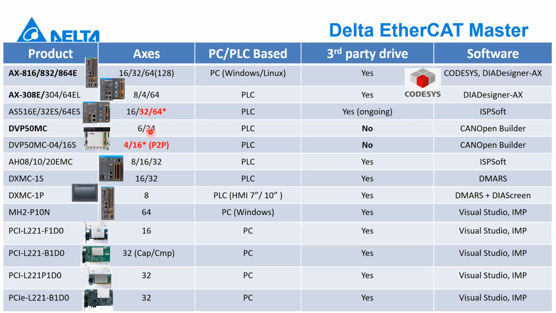The first one is 6-axis and the other 24-axis. Remember the software is based on CANopen Builder, so you cannot use either ISPSoft or Designer AX. And recently, we also launched the new series. We have the 4-axis and the 16-axis point-to-point movement.